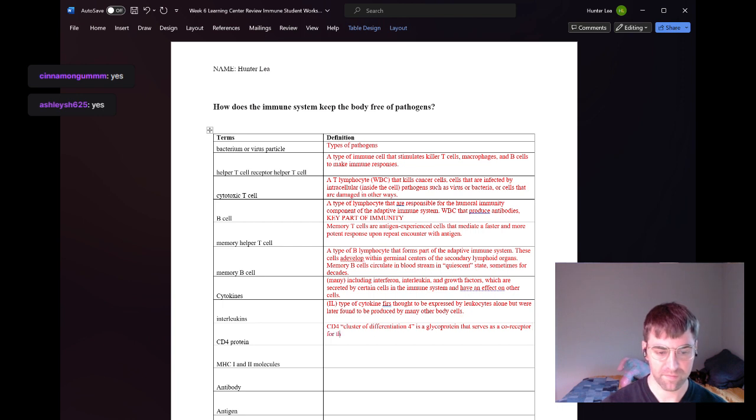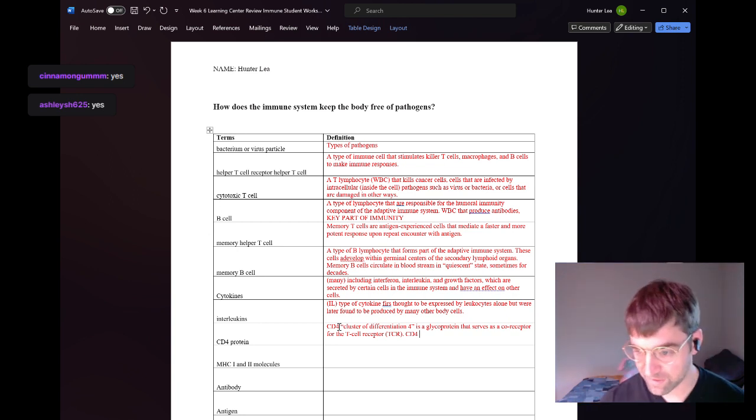CD4 is found on the surface of immune cells, such as T helper cells, monocytes, macrophages, and dendritic cells.